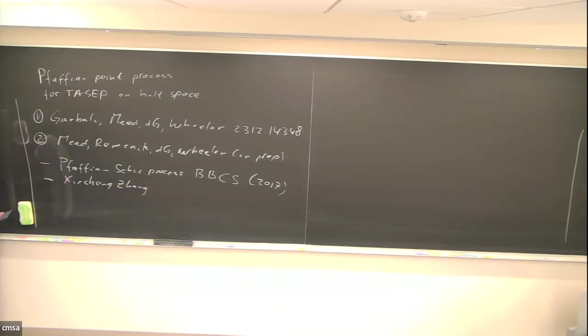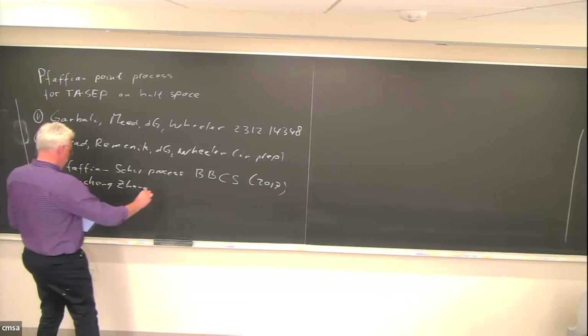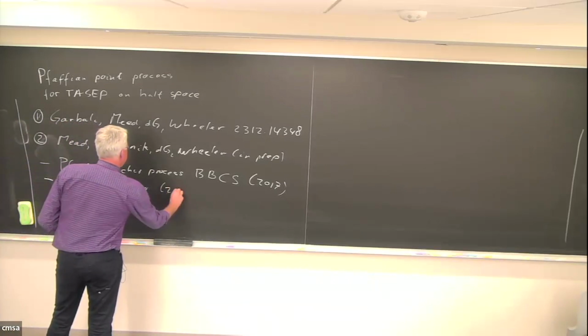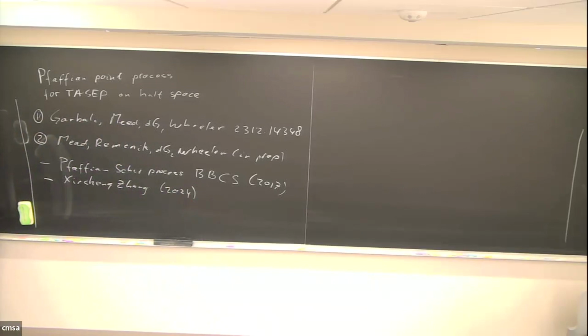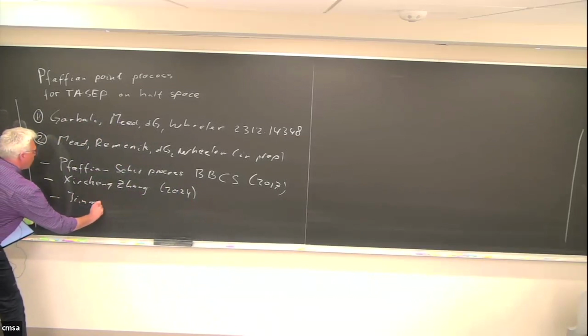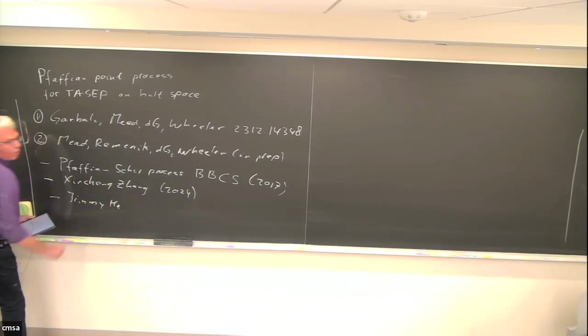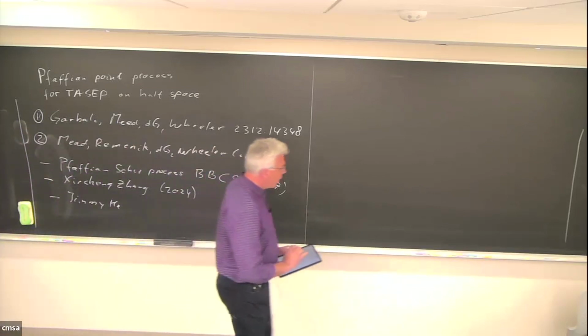I'm not sure if he's still there. TASEP in half space, just last year, end of last year. And then there are several other papers. I should see Jimmy in the audience. So Jimmy, of course, there's a paper on moments in half space as well, and several others. So just to mention those.